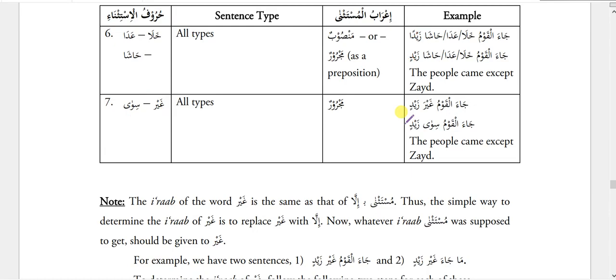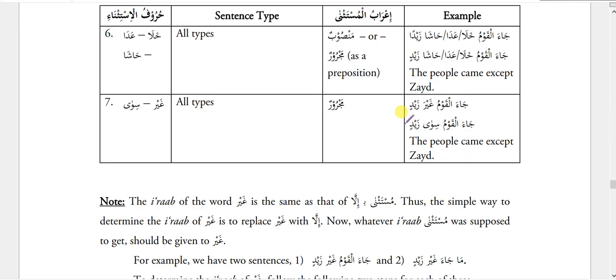Now let me remind you of everything and summarize all these things. There are different cases for the i'rab of mustasna. If ghaira or siwa is used, the i'rab of mustasna will be with kasra. If khala, ada, hasha is used, the i'rab of mustasna will be either fatha or kasra. It's upon us.